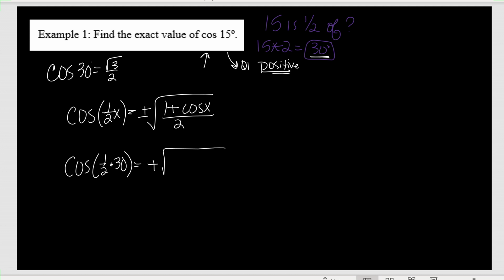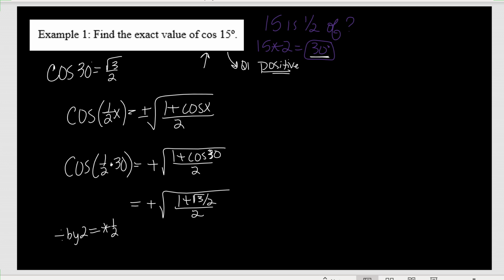So it's the positive square root of 1 plus cosine of 30 degrees all over 2. Well, we already know cosine of 30 degrees. That is the square root of 3 over 2. So this equals the positive square root of 1 plus the square root of 3 over 2, all divided by 2. Now remember, when you divide by 2, it's equal to multiplying by 1/2.